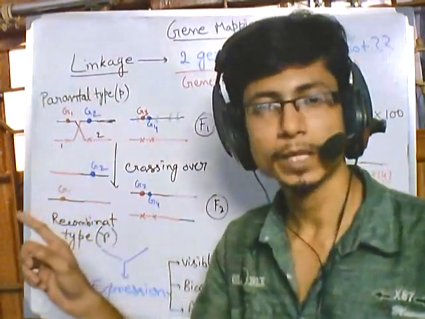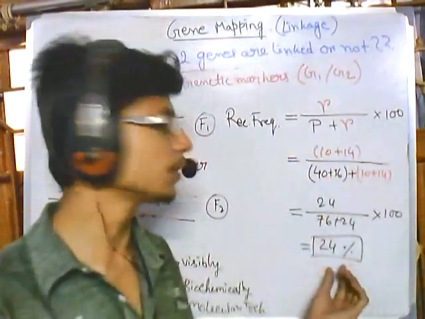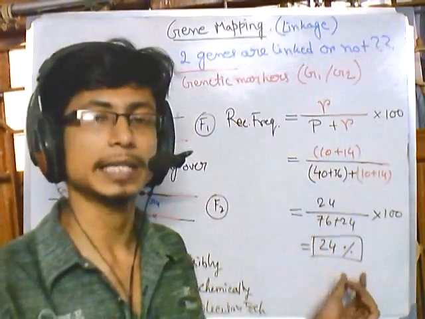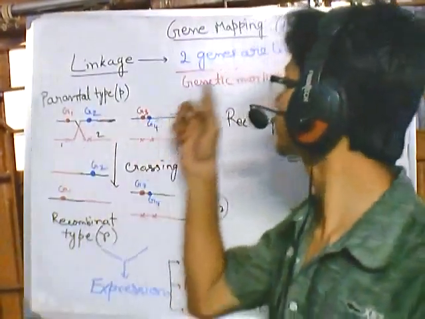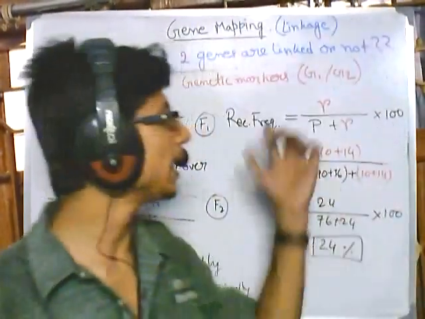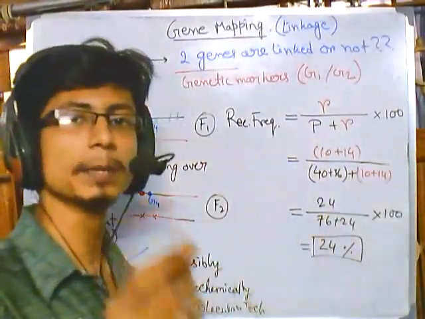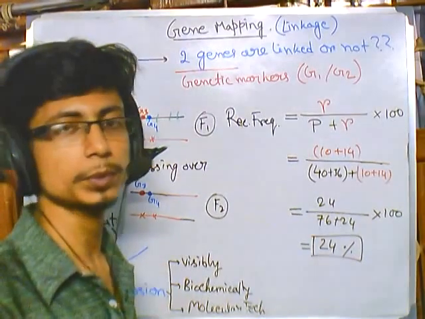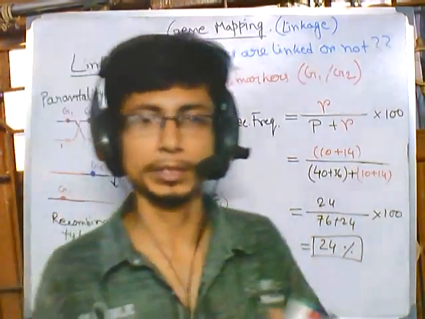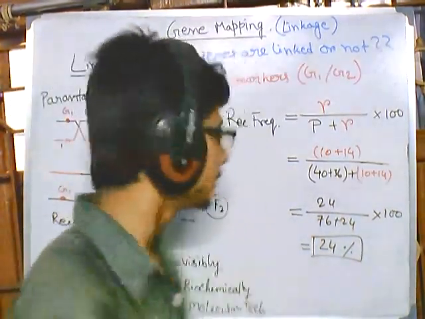Okay, so this value of recombination frequency is directly proportional to the distance between the two markers that we are taking. So 24% of recombination frequency is going to tell us that the marker genes G1 and G2 are 24 unit distance apart in the chromosome. We don't know what the unit is; we'll know a little moment later.